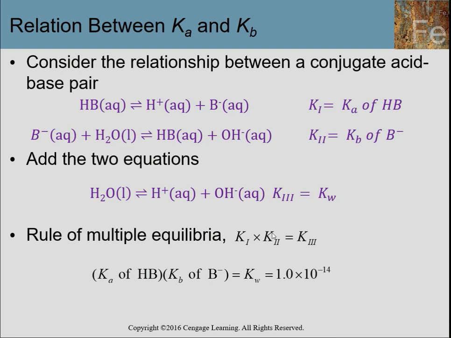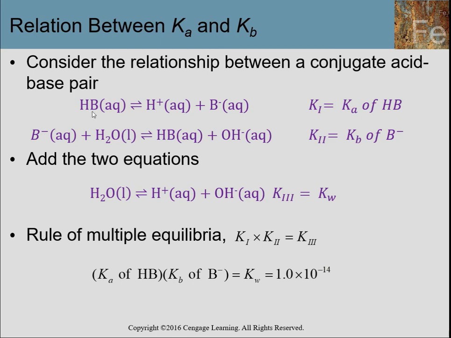Last thing of the video and last thing of all of these endeavors is to connect Ka and Kb. Now, here's the trick. If I have a conjugate acid-base pair, and I were to compare the Ka of the acid and the Kb for the base, notice what you have here in the first equation.